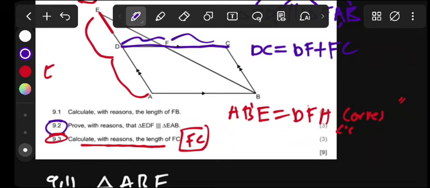Alright, so I want now DC here. I want FC. They say we should calculate FC. So here it's our FC.